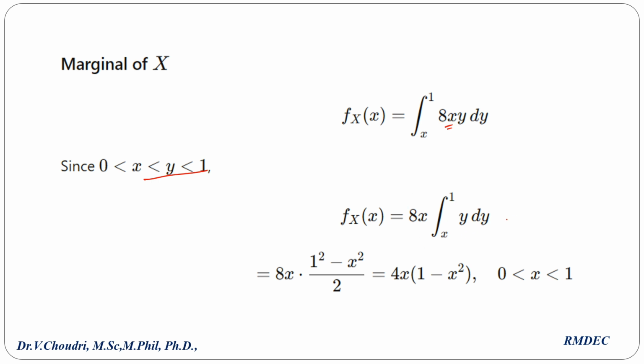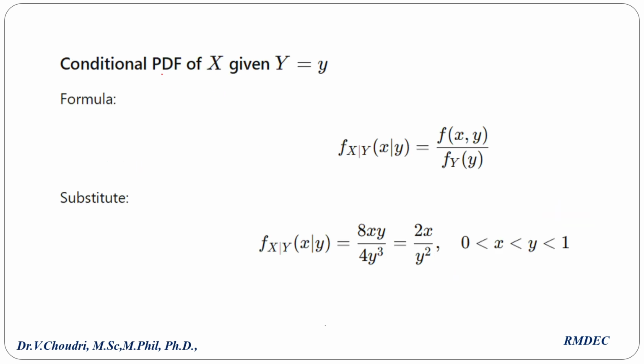So y square, what is the answer? 8x y square divided by 2, limit x to 1. So 2 and 8 will be cancelled by 4. Y limit first to 1. 1 square minus, replace y by x, x square. So 1 minus x square. So already we have cancelled 2. So 4x into 1 minus x square. What is the limit? 0 less than x less than 1.